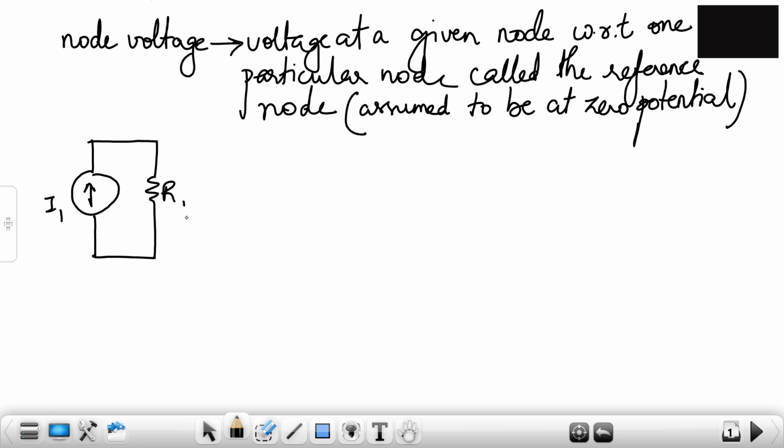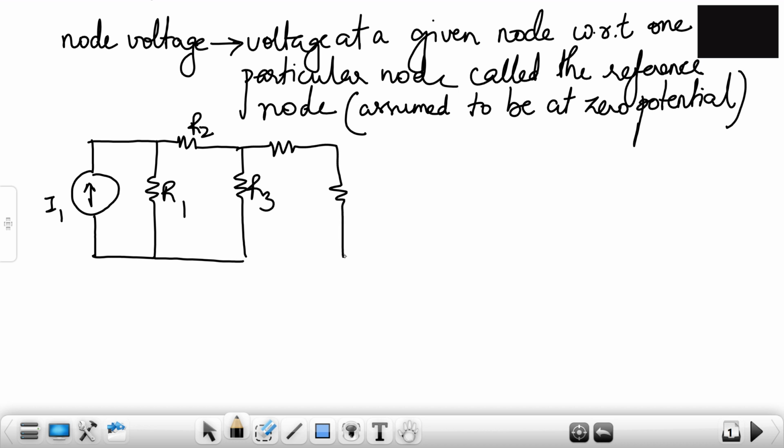This is resistance R1, resistance R2, resistance R3, R4 and R5. This is node 1, node 2 and this is your reference node 3.